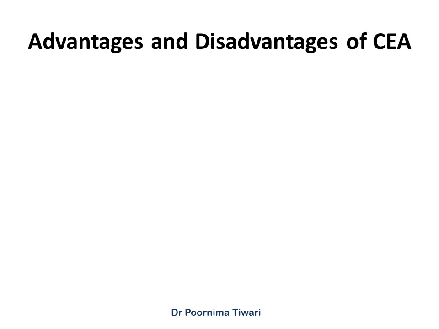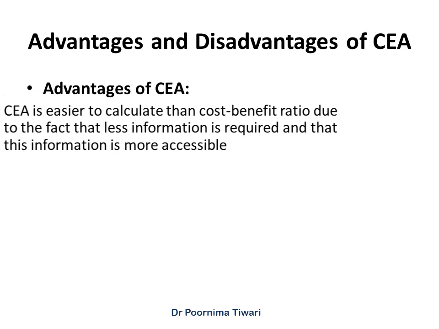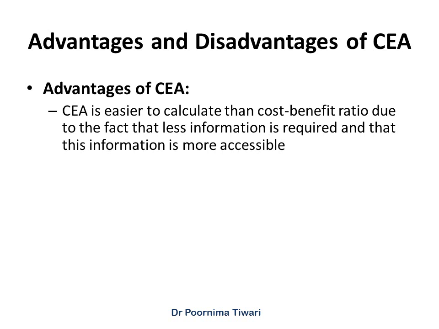Advantages of cost-effective analysis. The advantage is that it is easier to calculate than cost-benefit ratio, because less information is required. We just need to know the number of results and compare it to the cost, and then calculate the cost-effectiveness ratio. We don't need a population model for converting the results into money.